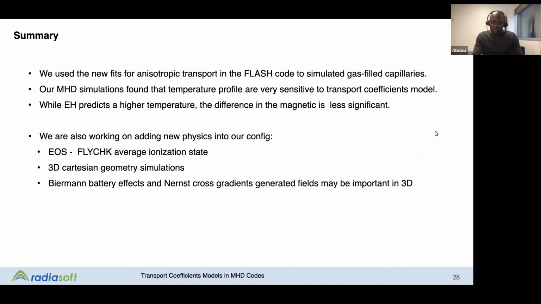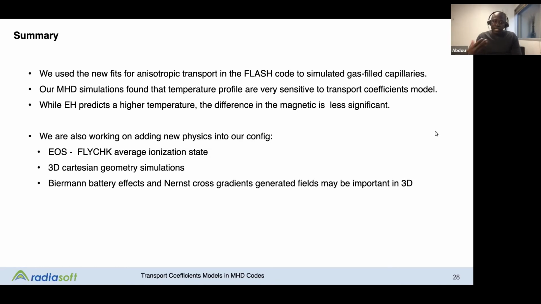We've been working with Flash for a couple of years now and building a lot of new tools to model capillary discharge waveguides. Our simulation found that temperature profiles are very sensitive to the transport coefficients model. While Epperlein and Haines predicts a higher temperature, the difference in magnetic field is less significant.